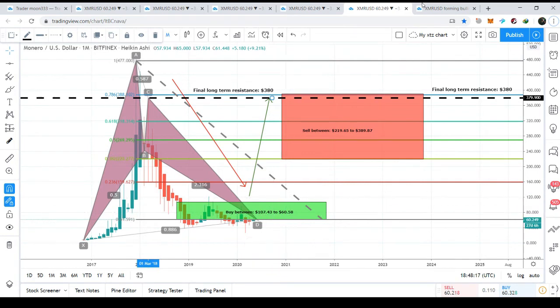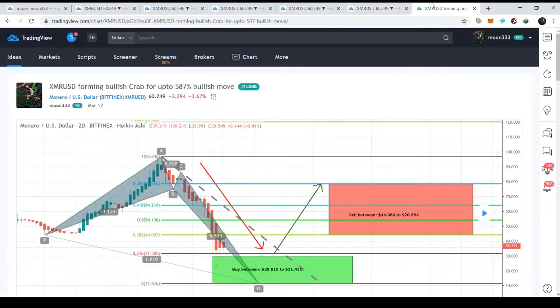And I would like to show you this crab pattern as well that I have been showing in my previous videos and articles.